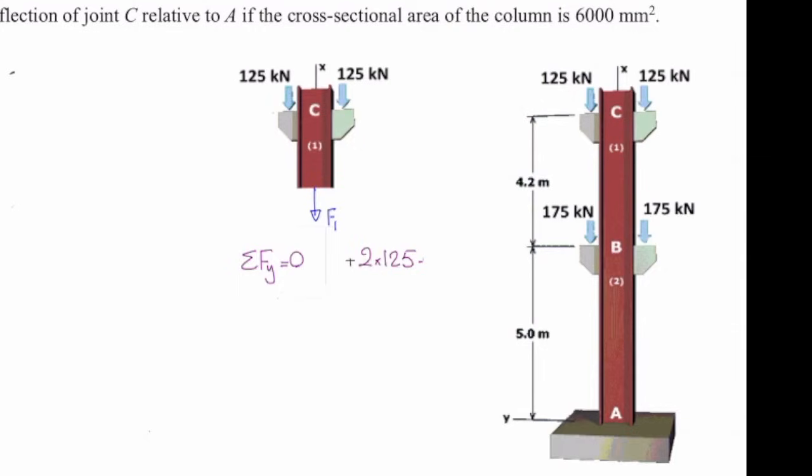There are 2 times 125 force going downward, plus F1 is 0. Here, I assume downward is positive. It doesn't matter. You can consider upward or downward. The final answer will be the same. So F1 will be negative 250.